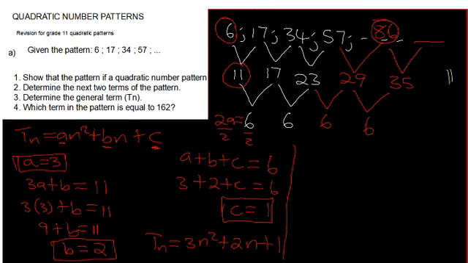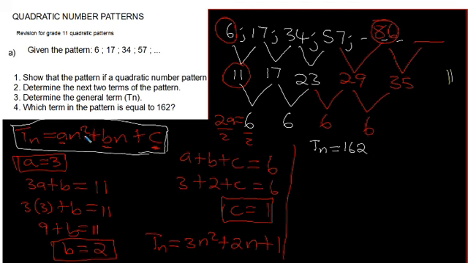And then the last part of this question: which term in this pattern is equal to 162? Here you are given the term in the number pattern, and you are supposed to determine the position of that term. So Tn is equal to 162.